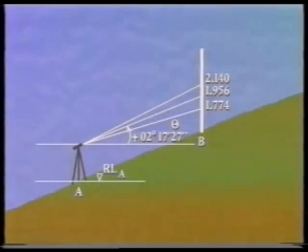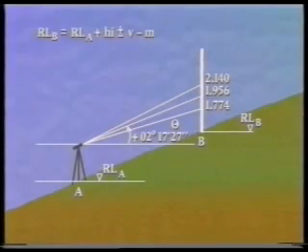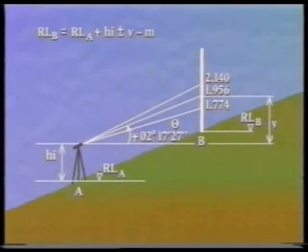If the reduced level of A is known and the reduced level of B is required, then this can be obtained from the reduced level of B equals the reduced level of A plus HI plus or minus V minus M, where HI is the height of the theodolite trunnion axis above point A, V is the vertical component of the sloping distance, and M is the middle hair reading. The vertical component V is positive for angles of elevation and negative for angles of depression.